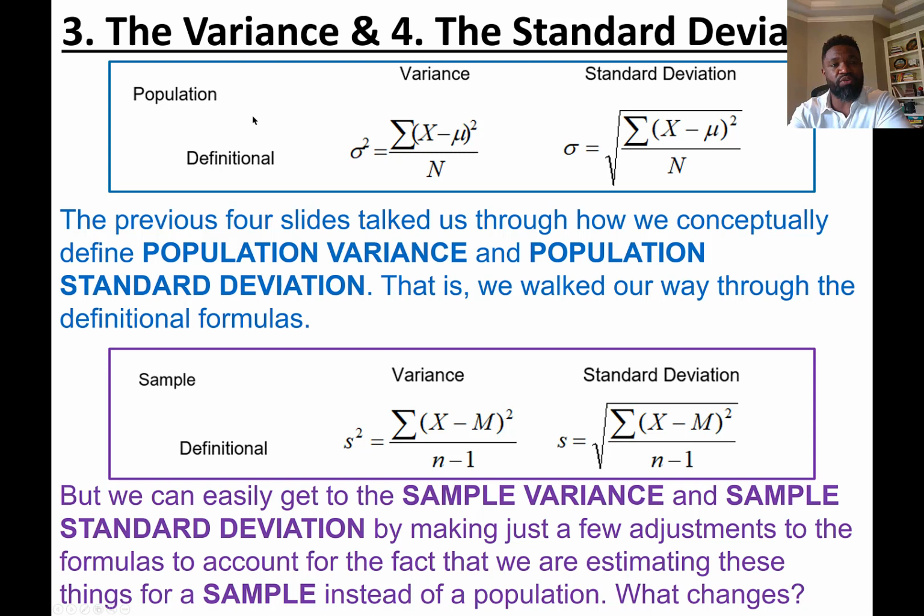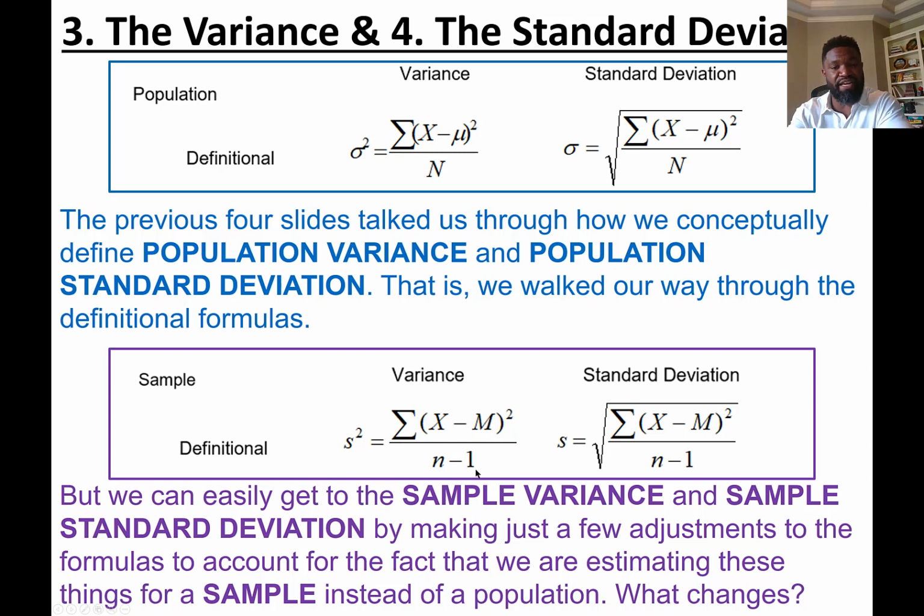One of them is because we're going from a population to a sample, the symbol changes. It's now using the sample mean instead of a population mean, but it's still telling you to do the exact same thing: take each score, subtract the sample mean from it, square them, and then add them all together. The second difference is that you don't divide by n, not even little n.